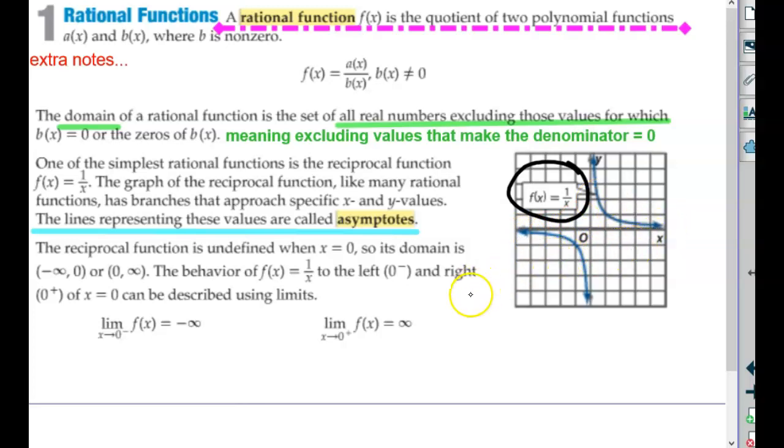Now, eventually we're going to talk about the fact that when we have a horizontal asymptote, it is possible for the graph to cross it. It just means its end behavior is staying near the graph. That's the horizontal ones that go this way, okay? Once in a while, a graph will cross it and stay near it. The vertical ones you can never touch because those are the ones where the denominator would be 0.